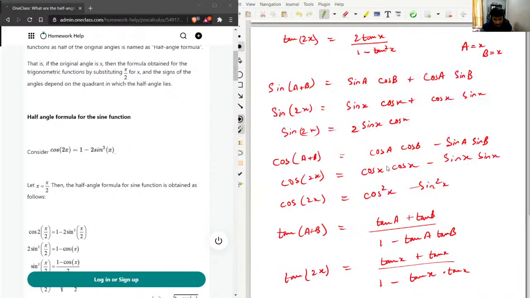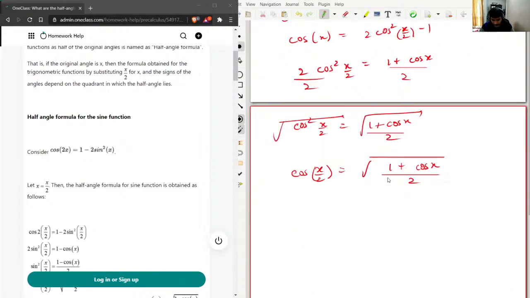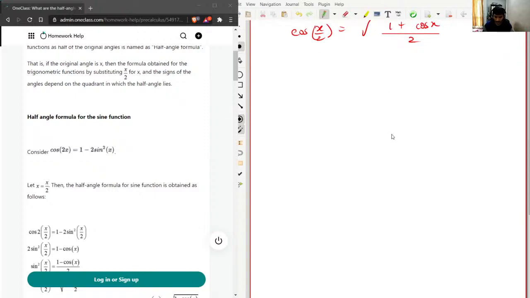Again, this is a very lengthy question. Okay, so this was cosine x over 2. At last we'll be doing tangent also. So tangent of 2x was 2 tangent of x over 1 minus tangent square x.